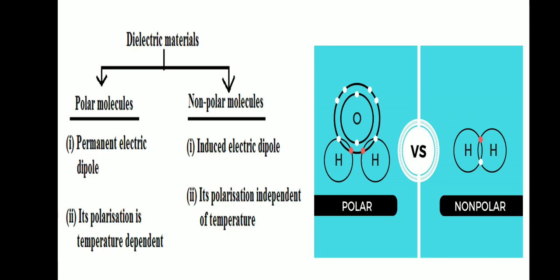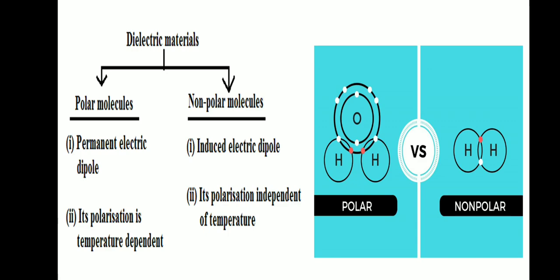Now in the next part we will discuss dielectric materials. I have already told you, what does dielectric mean? Insulating materials in which all the electrons are tightly bound to the nucleus of an atom are called dielectrics.